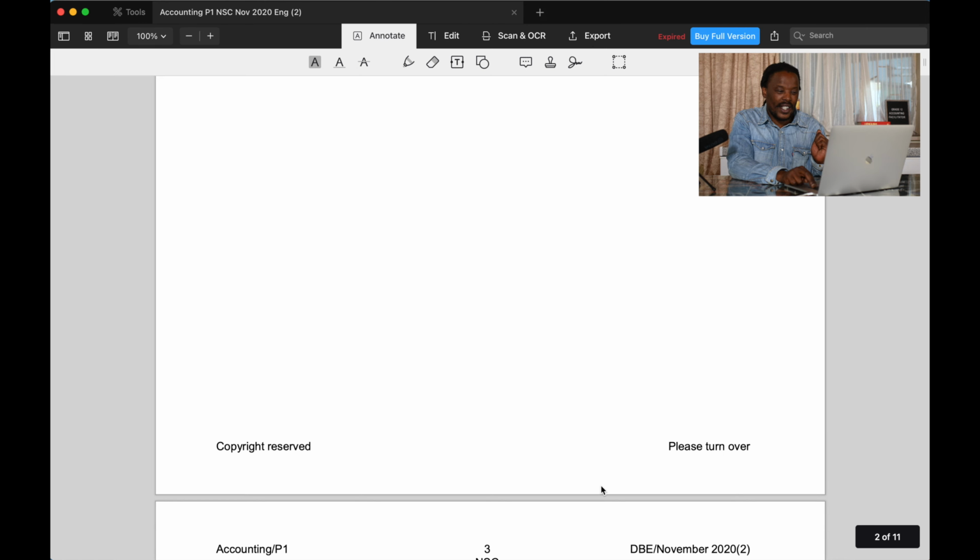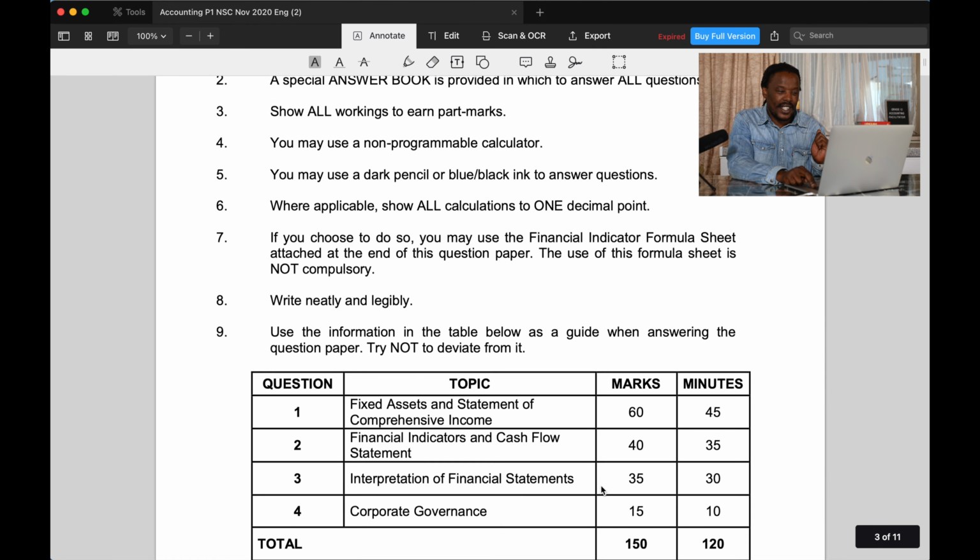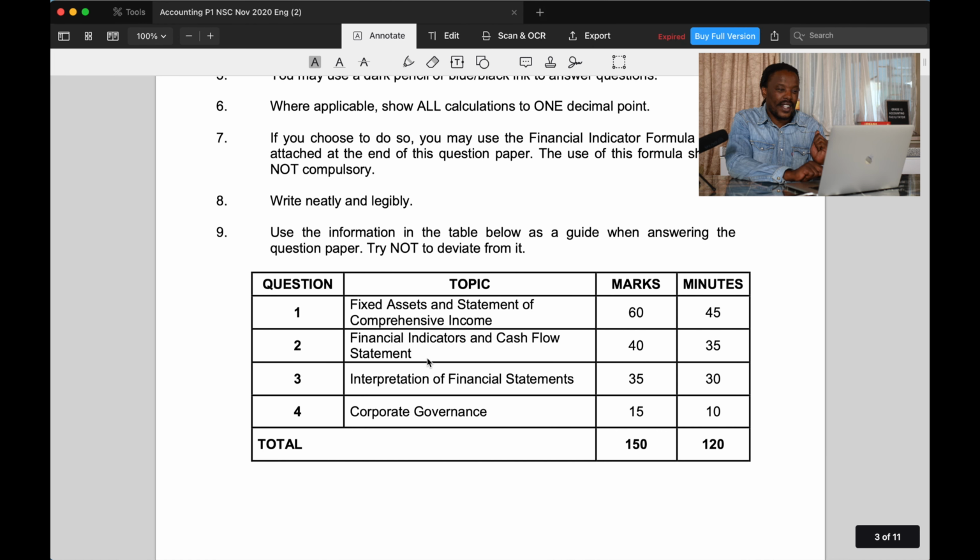Question 1 on this table of content is fixed assets and statement of comprehensive income. You can see they like this statement, and it is 60 marks, come on guys. Candidates, 60 marks is a lot of marks, and believe you me, it's 60 free marks, provided you understand the statement of comprehensive income.